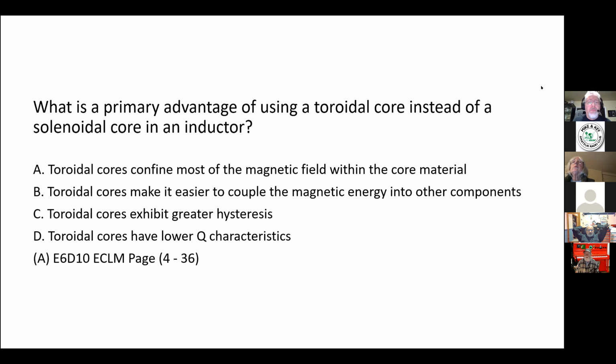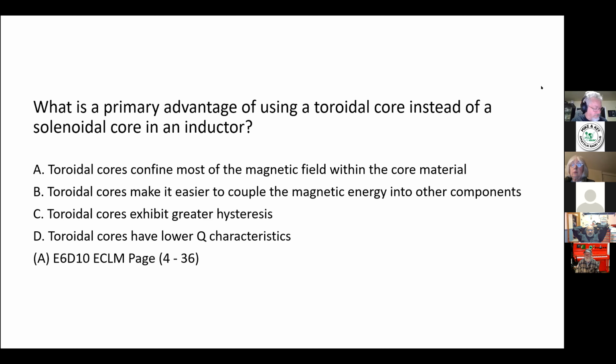Do they explain in there the difference between both types? What's the difference between a toroid and a solenoid core? Yeah, a toroid is the little circle donut, and a solenoid has a circular coil. Okay.